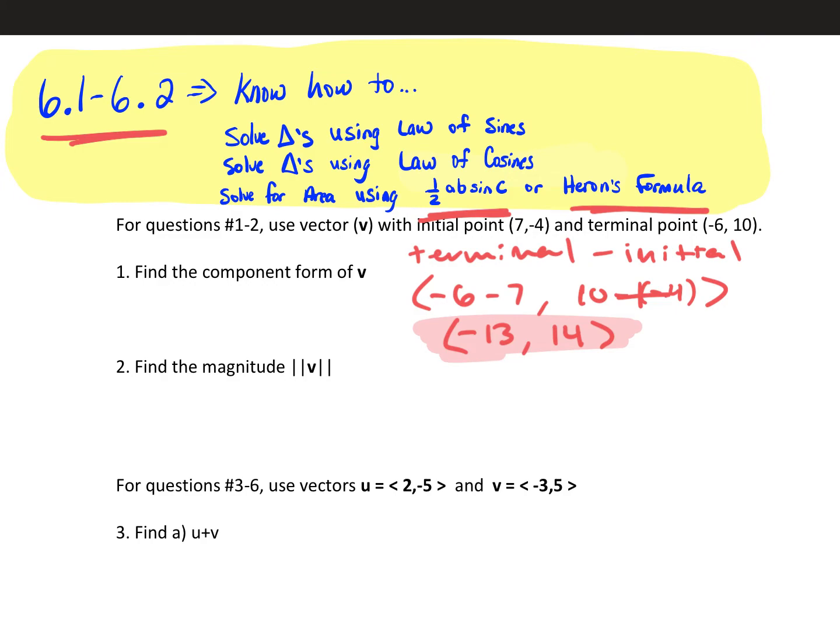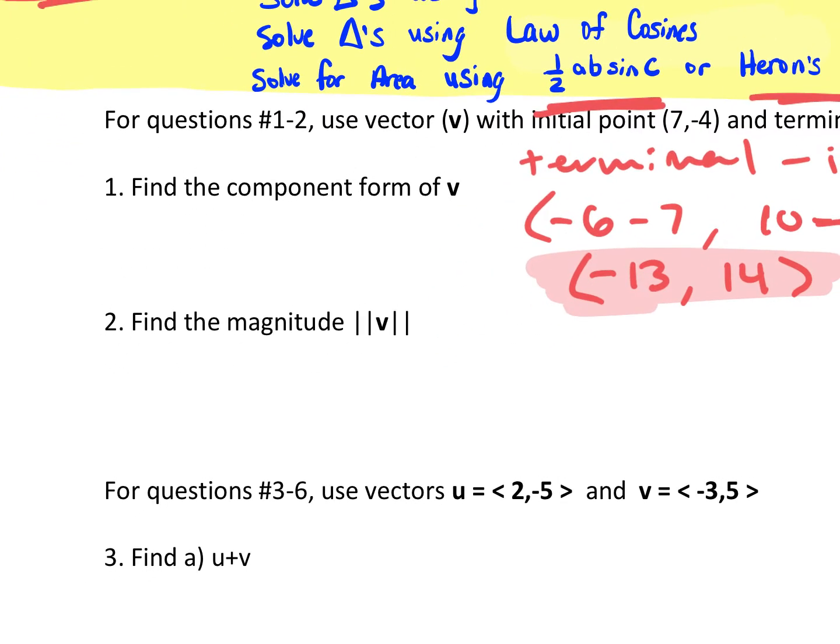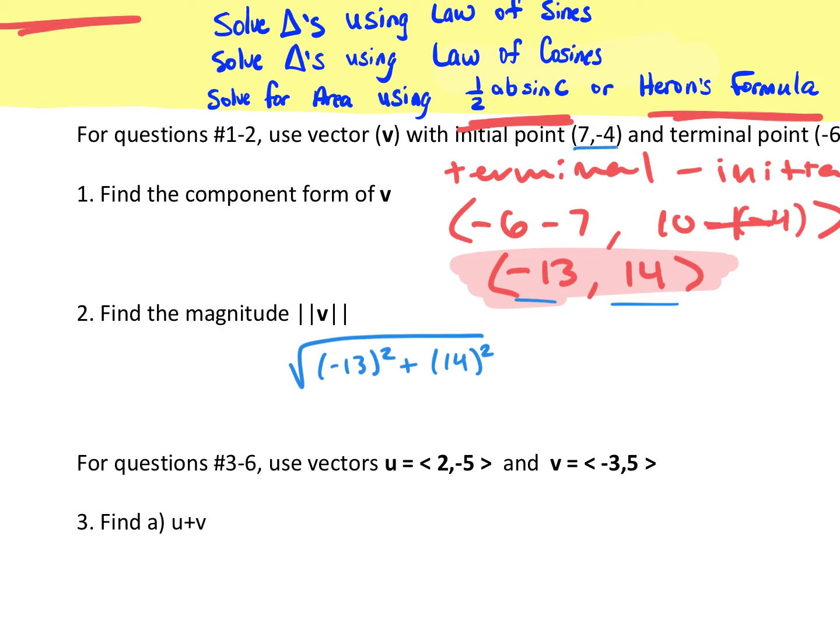All right, next, the magnitude. So once we have component form, we can find the magnitude by taking the square root of the first number squared, so -13 squared, plus the second number squared. You could use the distance formula, but then you're just using these points, which you'll end up with the same answer.